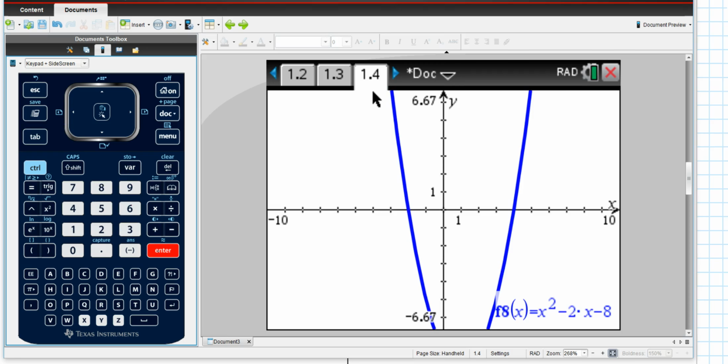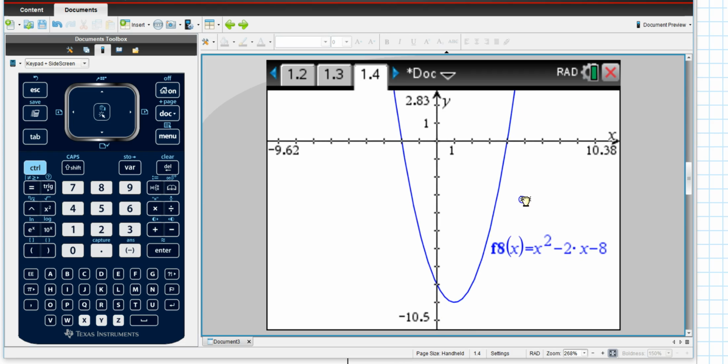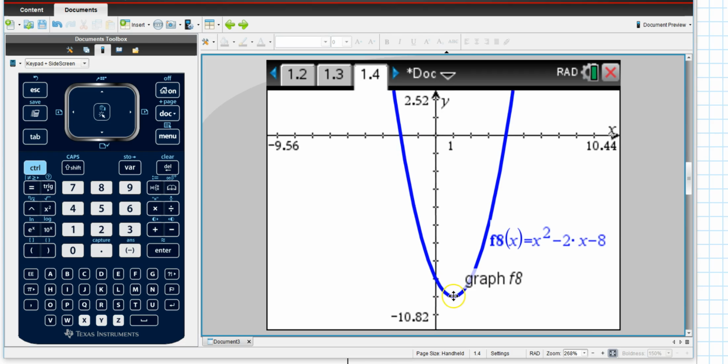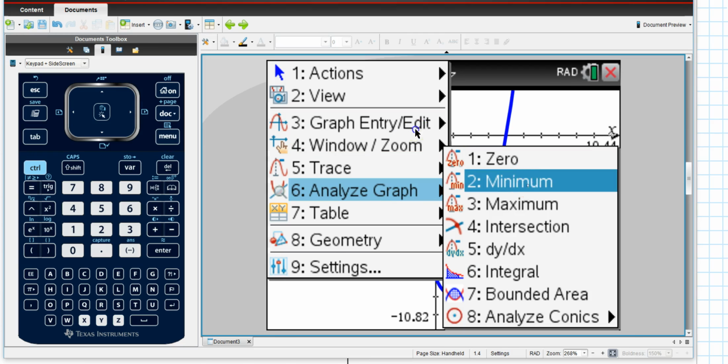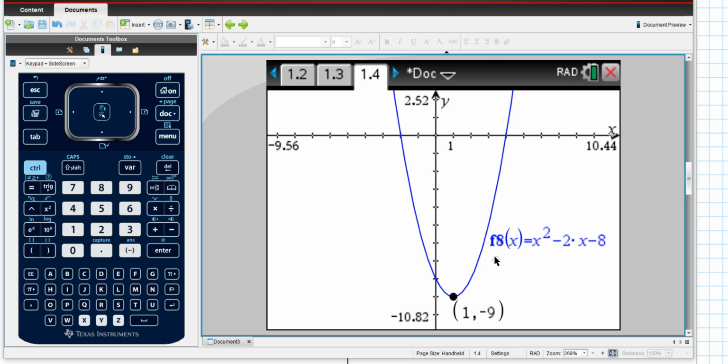And I'm going to let the calculator find the vertex for me. So I'm going to bring my graph up just a little bit. There's my vertex, menu, analyze graph, minimum. And that minimum is at 1, negative 9.